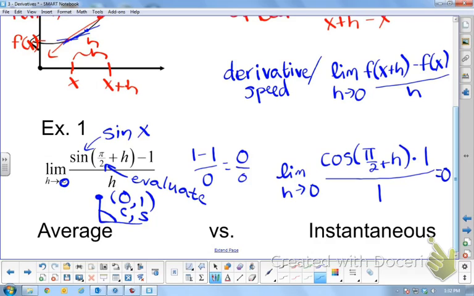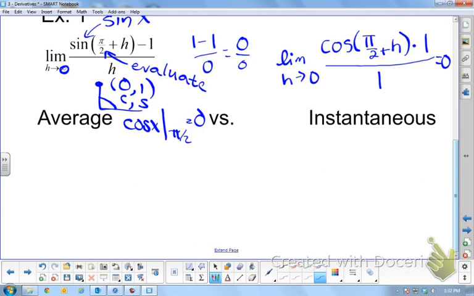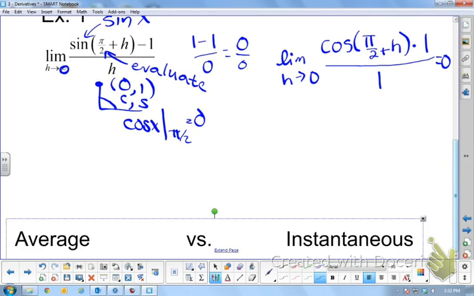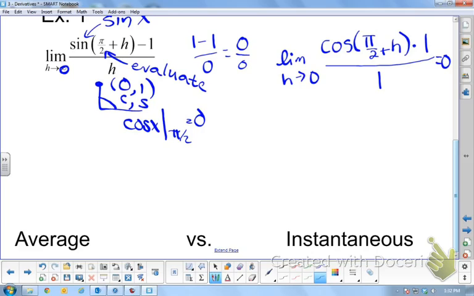So we would take the derivative of sine, which is cosine, and evaluate it at pi halves, which is still 0. Let's get that one. So we really have two options here.